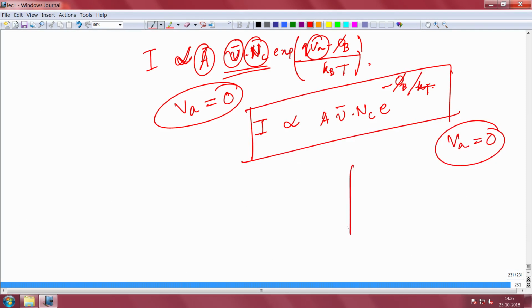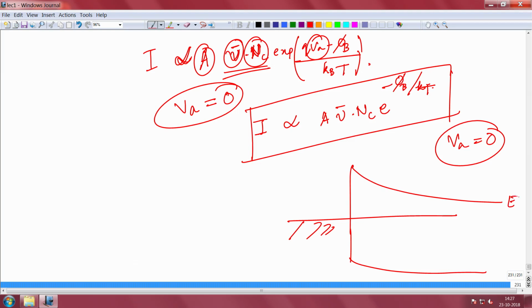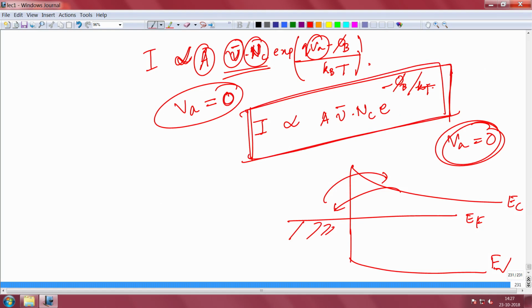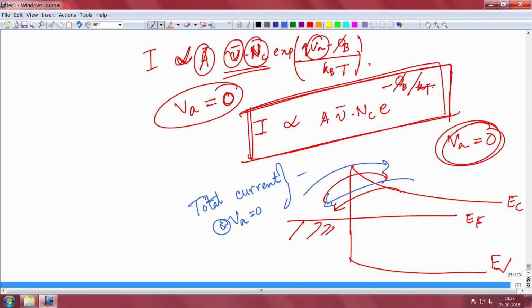But we know that in a metal semiconductor junction, if there is no voltage applied, which is V_A equal to 0, then the total current across both sides should be equal, and that is why it should be 0. So, when I say V_A equal to 0, I get this current. I mean that this current tries to go from the metal side to the semiconductor side and from the semiconductor side to the metal side, and they balance each other. So, the total current in the device at equilibrium at V_A equal to 0 will also be 0.